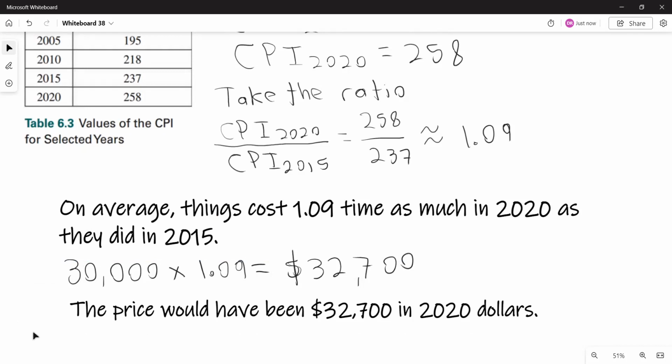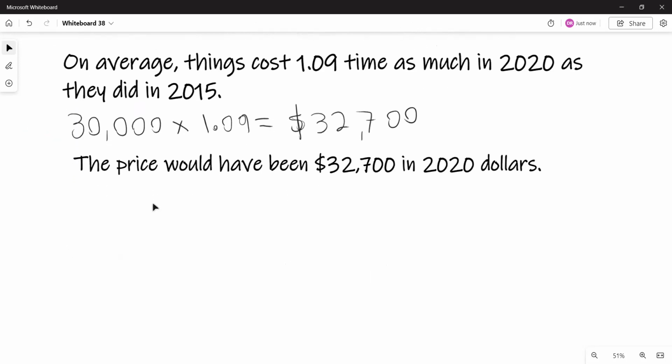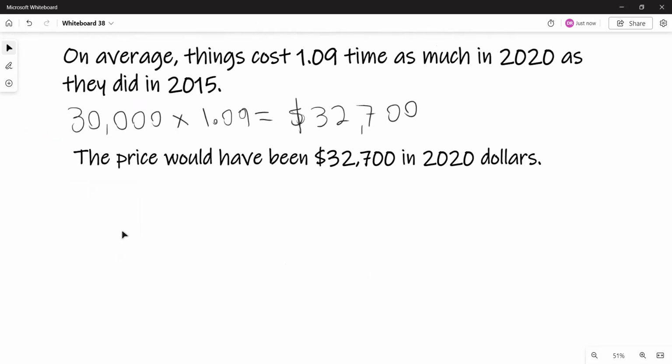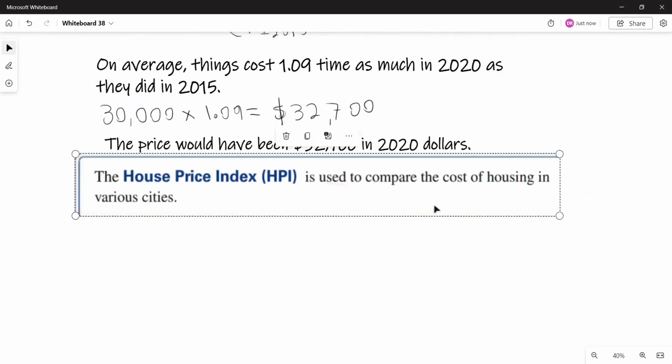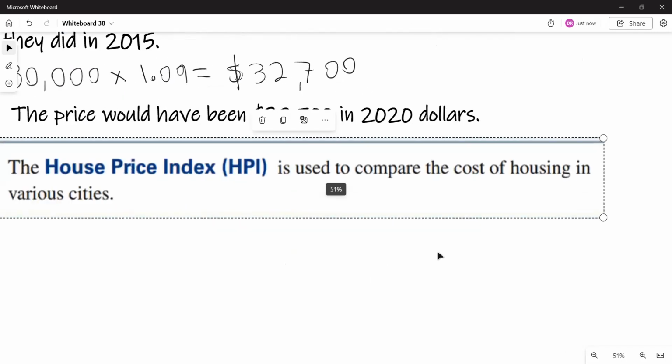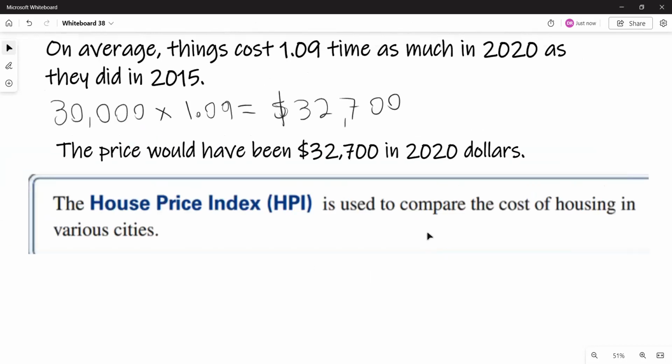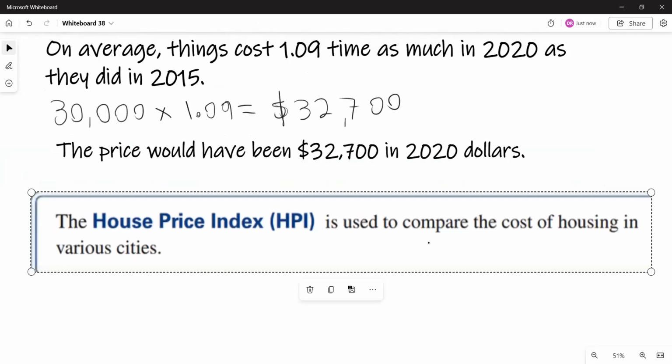And the next application is the HPI, or the House Price Index. That's the other application. This is on page 276.